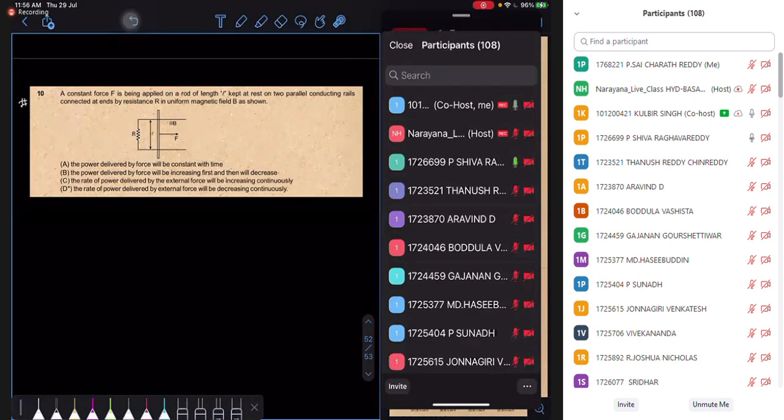LR circuit, LC oscillations and something. So when did they send it? Sir, I will send it to you. No, in the schedule I have, it was not there. Okay.